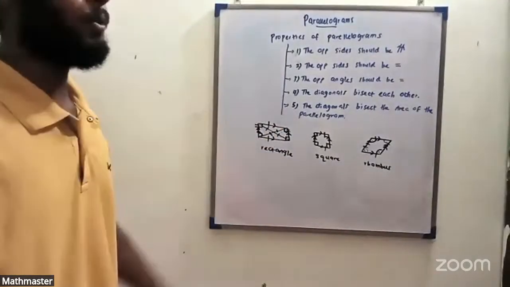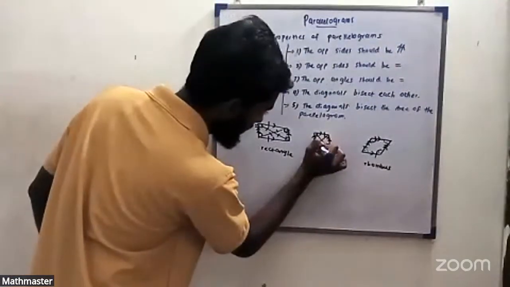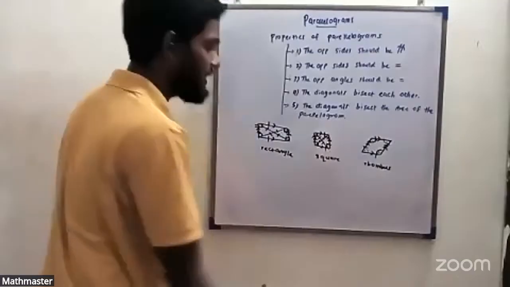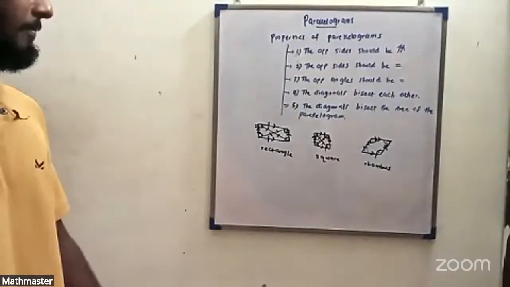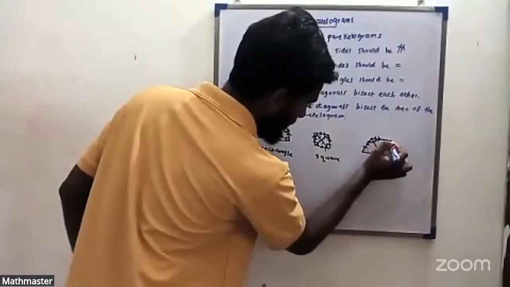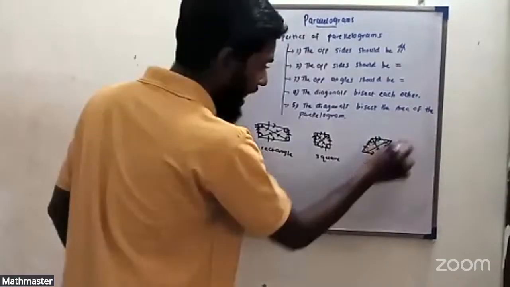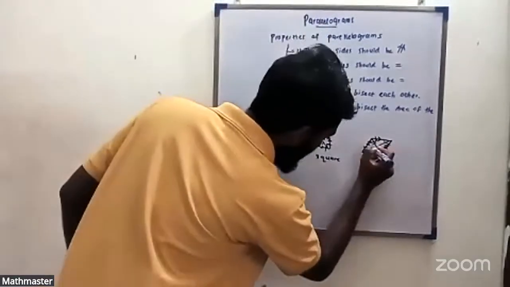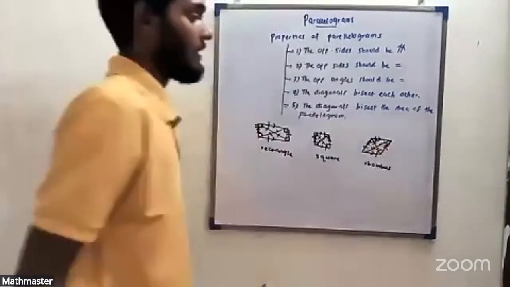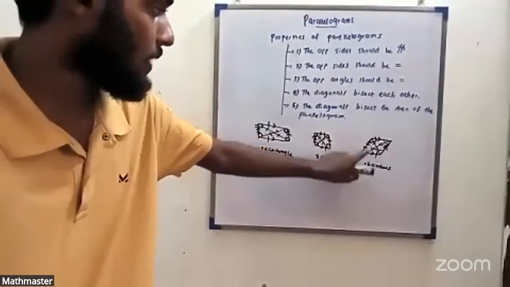Square also the same. In a rhombus, this diagonal will bisect that diagonal equally, and that diagonal will bisect this one equally.